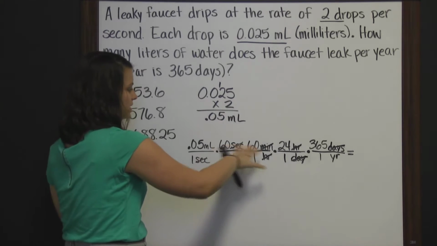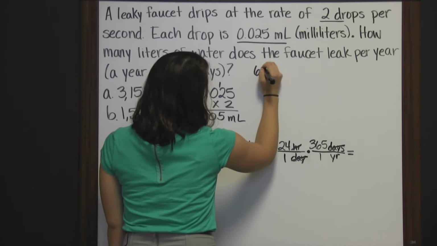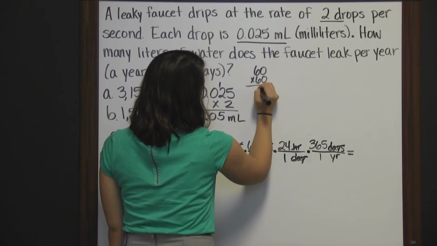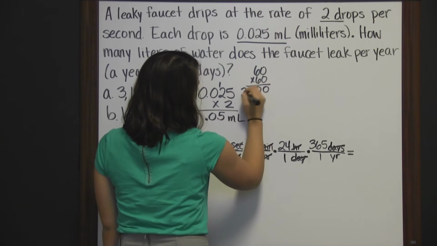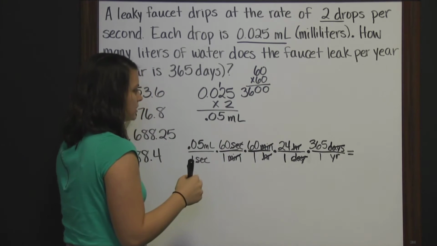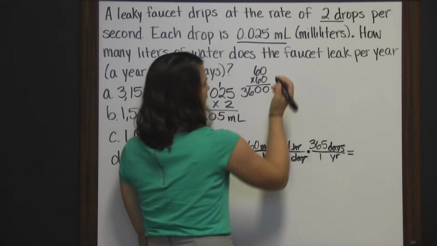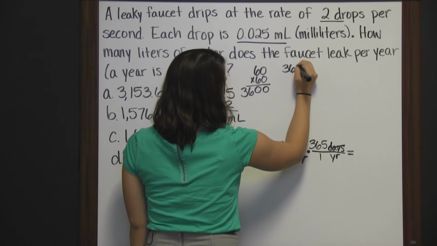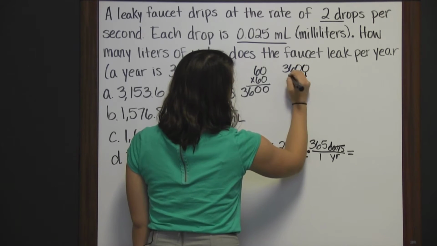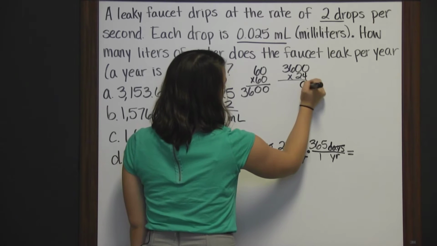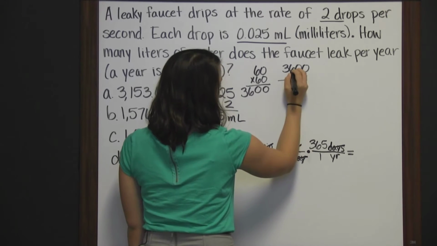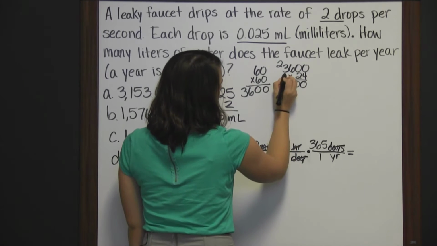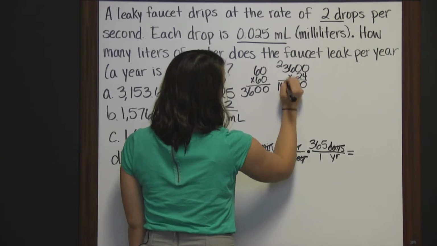Say we could multiply 60 times 60 first. So 60 times 60, 6 times 0 is 0, 6 times 6 is 36, so 3,600, and then maybe multiply that times 24. 3,600 times 24. 4 times 0 is 0, 4 times 0 is 0, 4 times 6 is 24, carry the 2, 4 times 3 is 12, 13, 14.